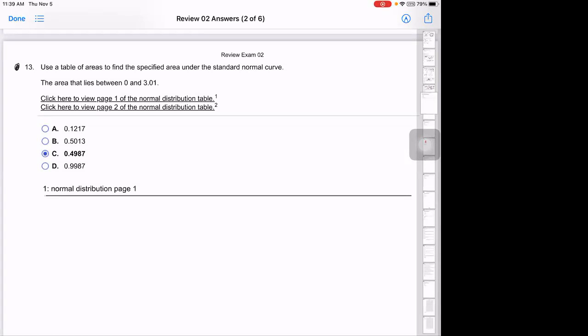But remember that our Z table only works with the standard normal distribution. Standard normal distribution. Okay, this is how I write the distribution in short form.